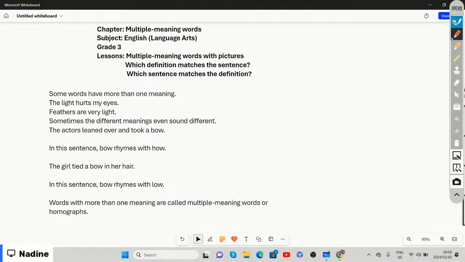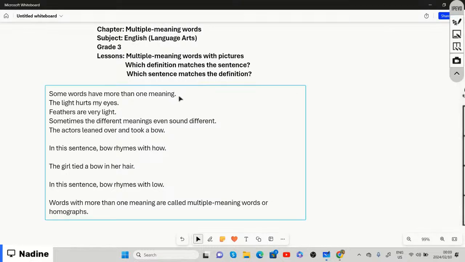All right, so like I said earlier, some words have more than one meaning, and we call that multiple meaning words, or homographs, right? Let's look at an example of multiple meaning words.